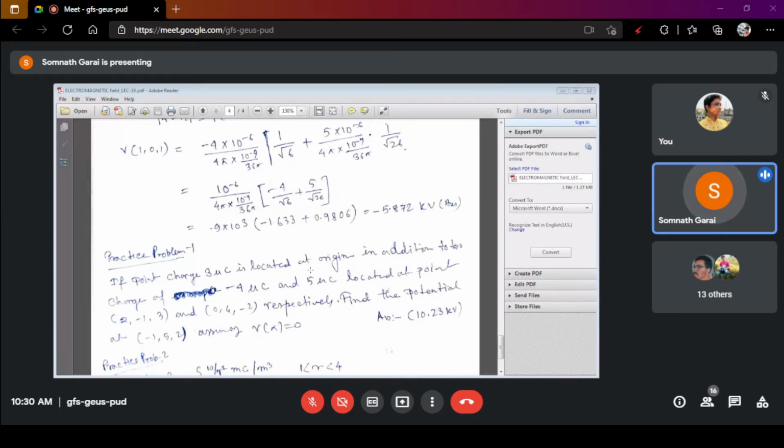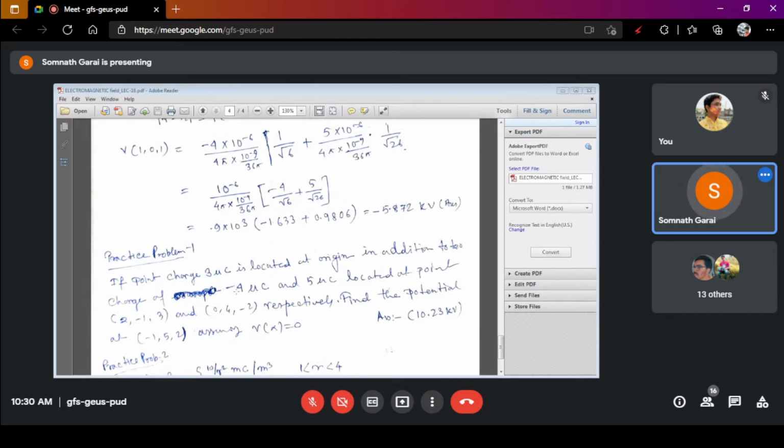At the origin, in addition, two point charges whose values are 4 microcoulomb and 5 microcoulomb are located at position vectors.